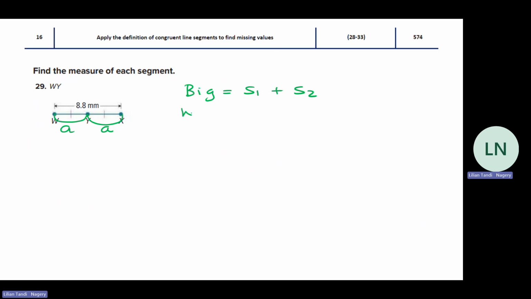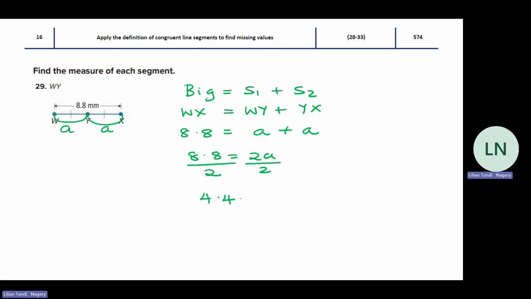My big is WX, my small is WY and YX. WX I know is 8 and 8/10. WY is A and YX is A. And this gives me 2A and 8 and 8/10. We divide by 2, we divide by 2. This is 4 and 4/10, and that will give me A.